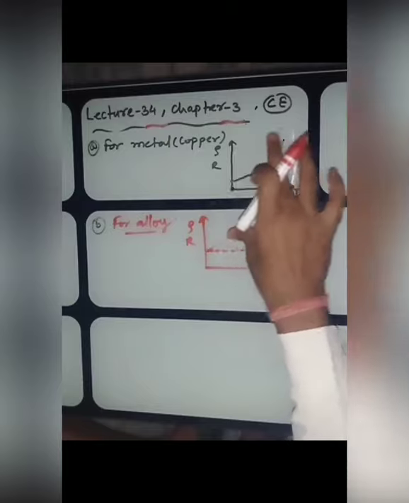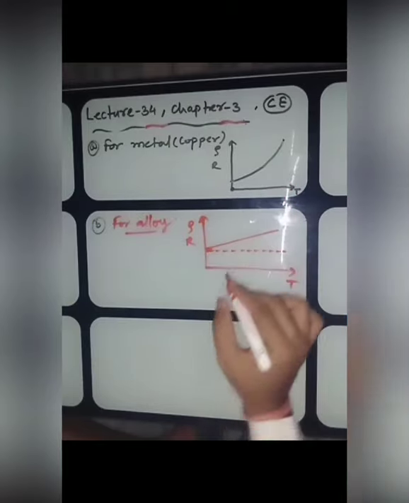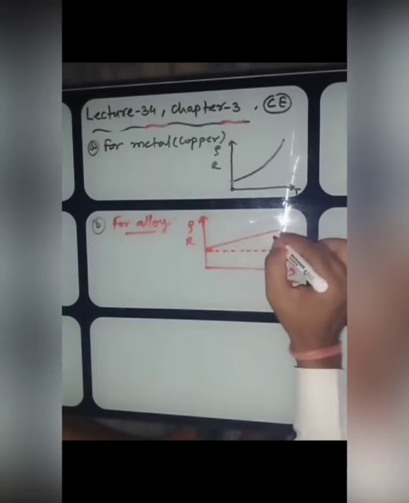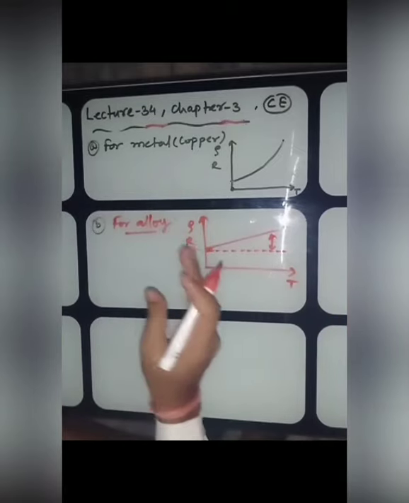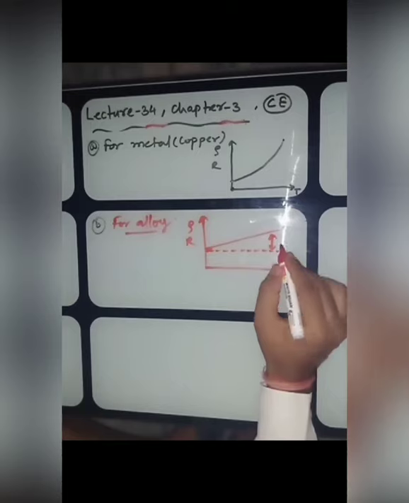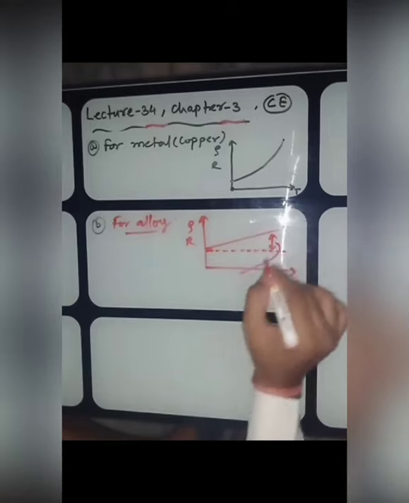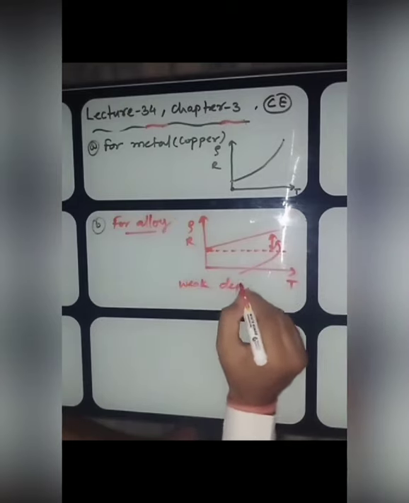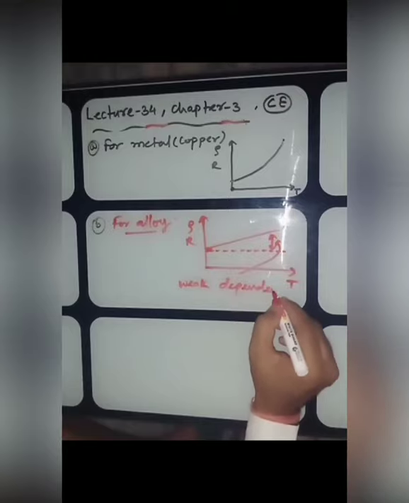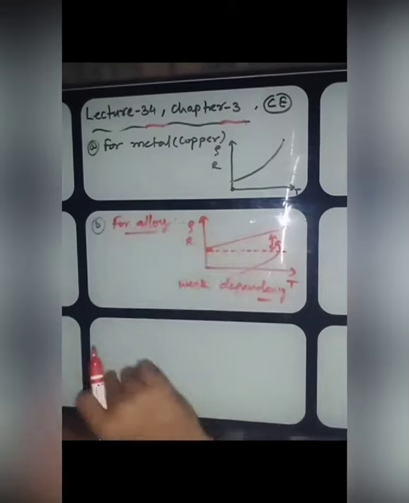I think this will be very steep, like this way. And this is the weak dependence. You can see it is increasing very slowly. The slope is very small, and this represents the weak dependence. This arrow represents the weak dependency on temperature. So this is the graph for alloy.